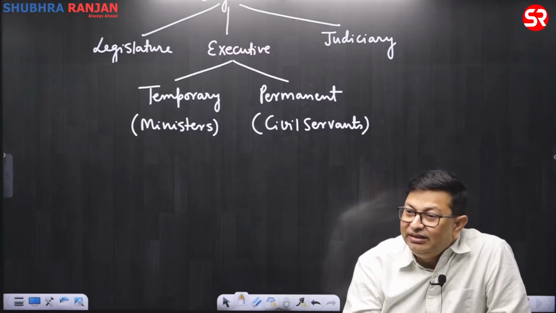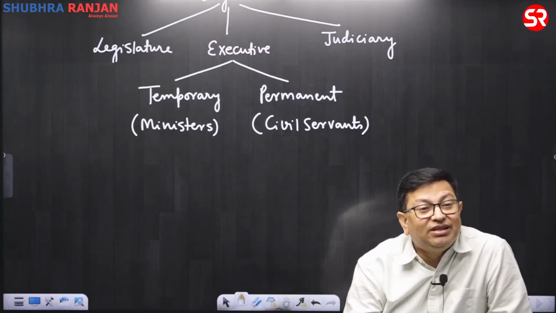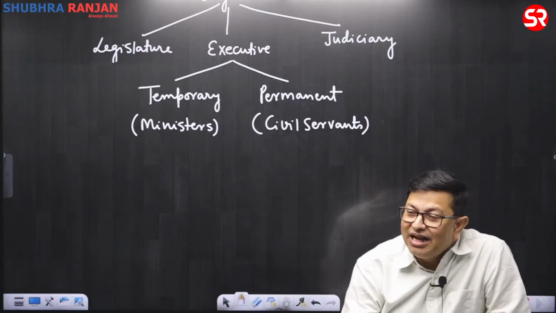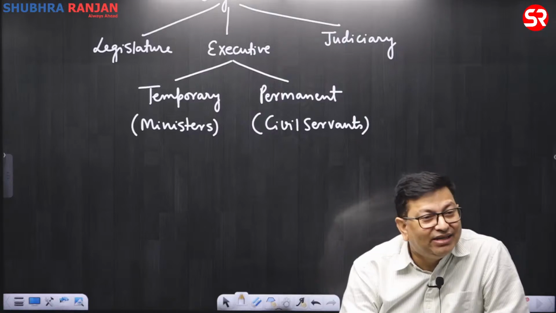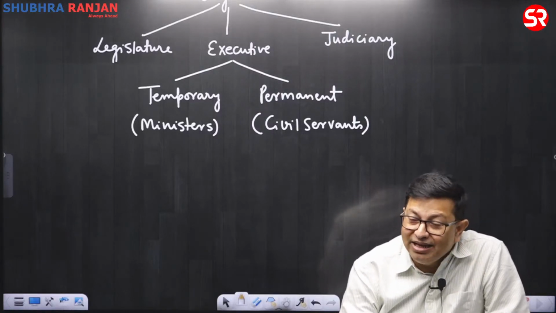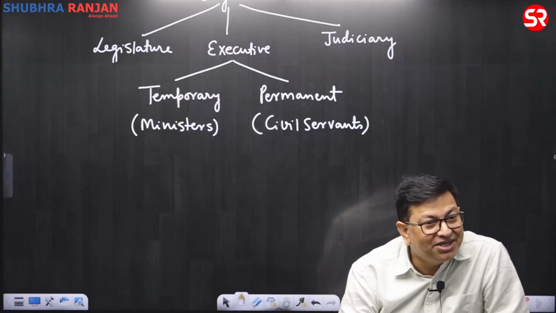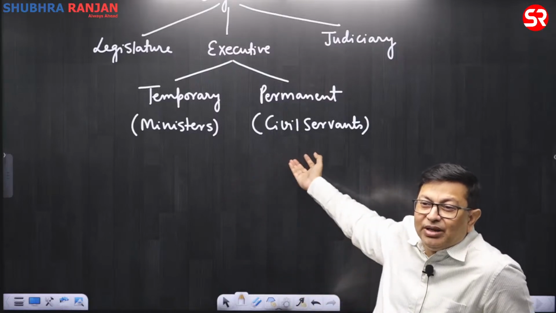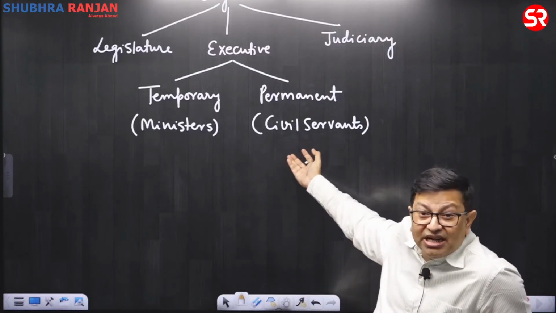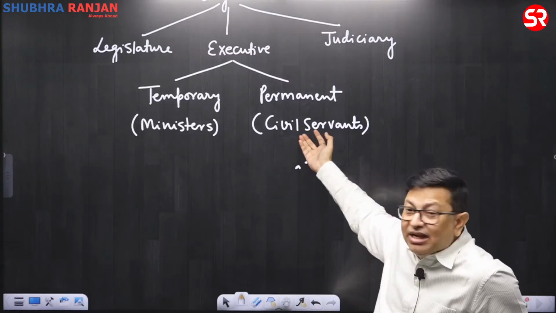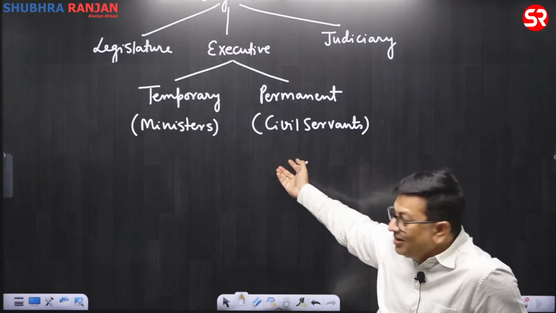And these people are considered as experts because of the manner in which they are selected and the type of training that they are given, they become experts in policy making and policy implementation. How the taxpayers' money will be utilized properly, that is efficiently, optimum utilization of the resources, that is to be done by the civil servants.